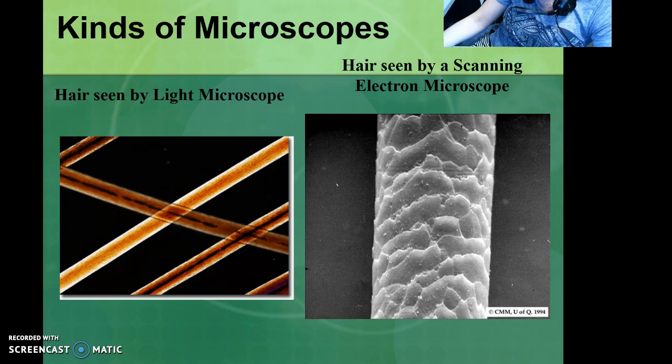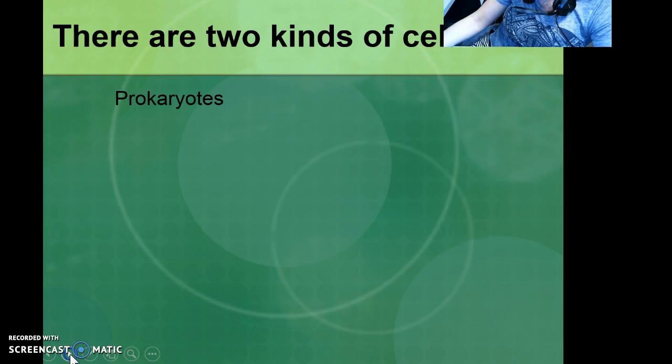Electron microscopes, depending on whether it's a scanning or a transmission electron microscope, need special, very, very thin mounts for transmission electron microscopes, and typically I believe what's in there has to be dead. I went through that rather quickly because I want to spend time going through cells.